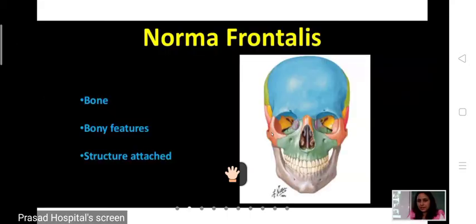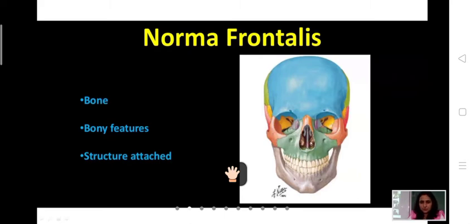This bone is called zygomatic. This one is nasal bone. This green colored bone is the maxilla, and the maxilla mainly forms the upper jaw, and this is the mandible.